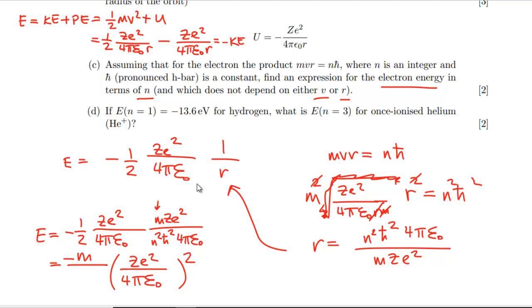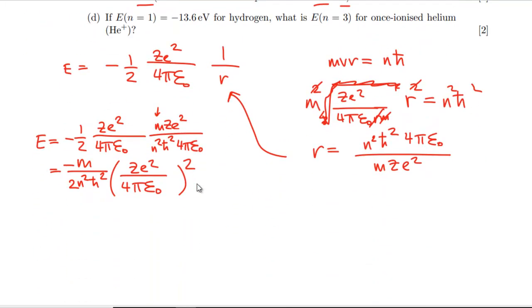And then we've got a 2 n squared h bar squared on the bottom. So that's that. It's got no r, it's got no v. Everything seems hunky-dory on that one. That was quite odd. That was more for 2 marks than the others were for 6.